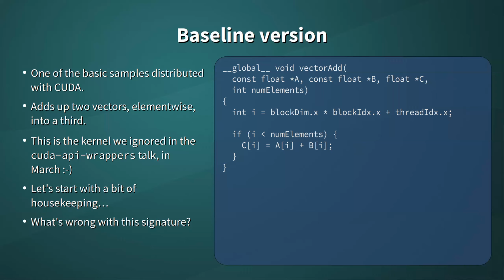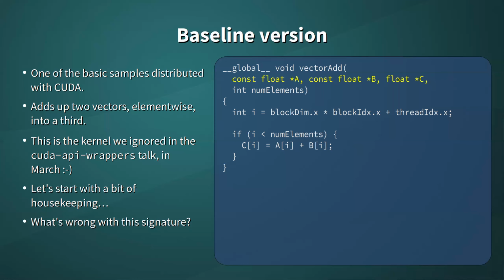So what do you think might be missing? The signature does mark both of its inputs as constant, and the output as the output parameter as non-constant pointer. So that's okay.